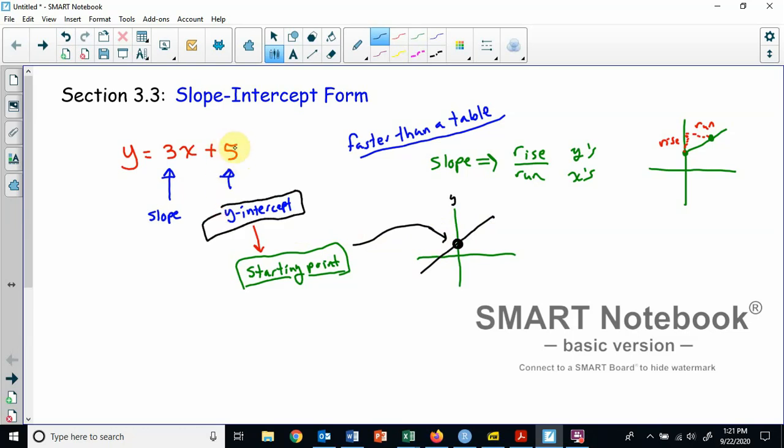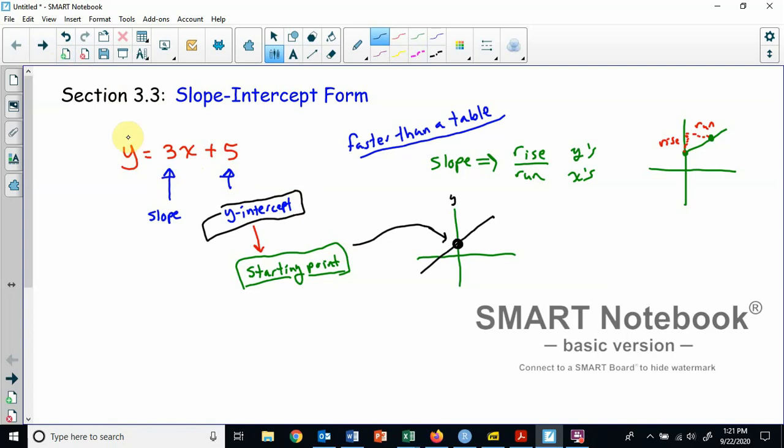So we're starting at the point where that crosses at 5, and then we can move based off of our slope, which is rise over run. Now, that sounds like a little bit of a lot, but once you see some examples, it's not that bad. So let's actually jump in.